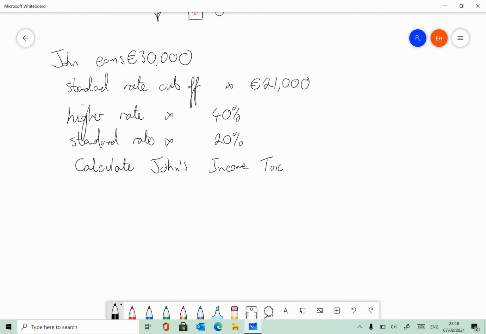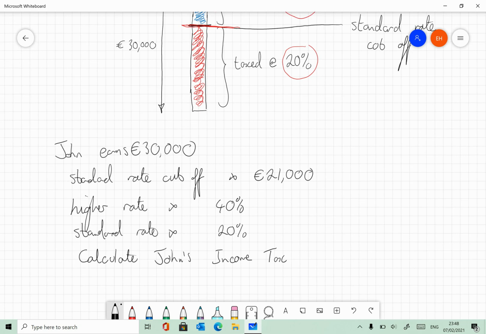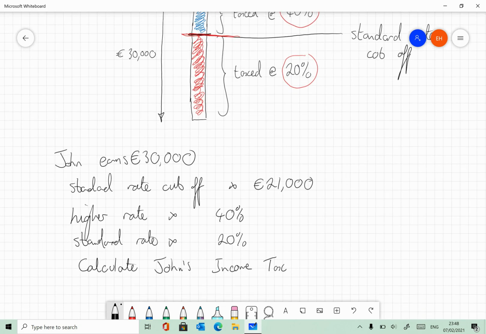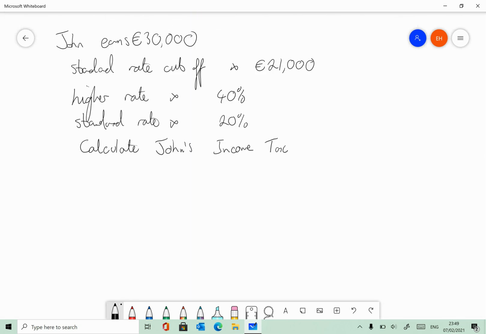Now, because John earns 30,000 and the standard rate cutoff is 21,000, he's going to have to give 20% of 21,000 to the government and 40% of 30,000 minus 21,000.